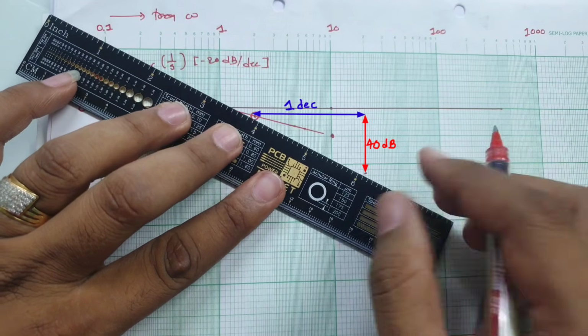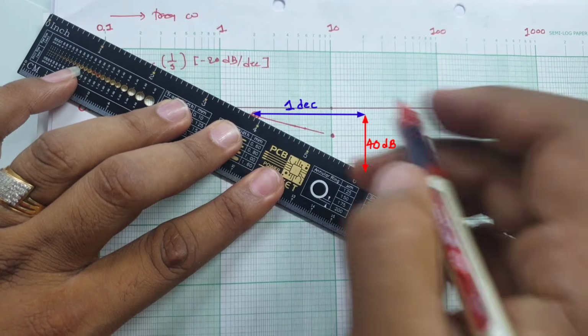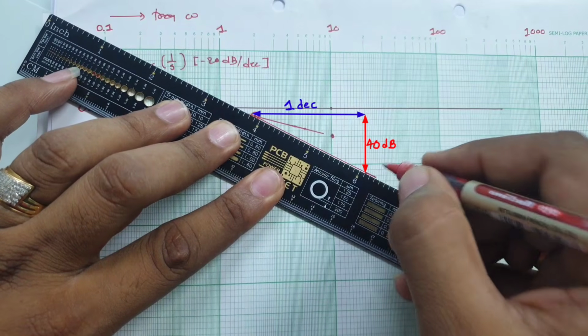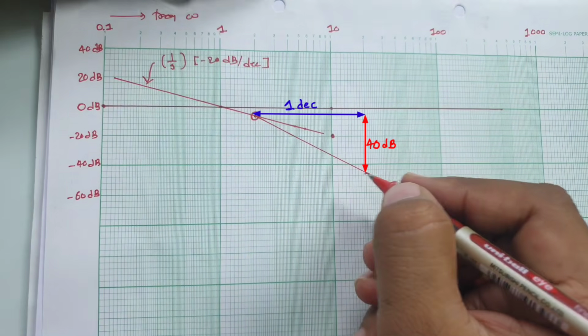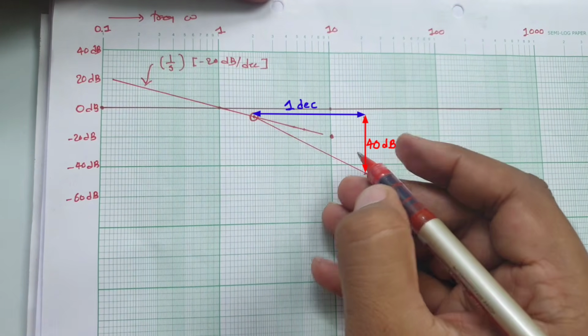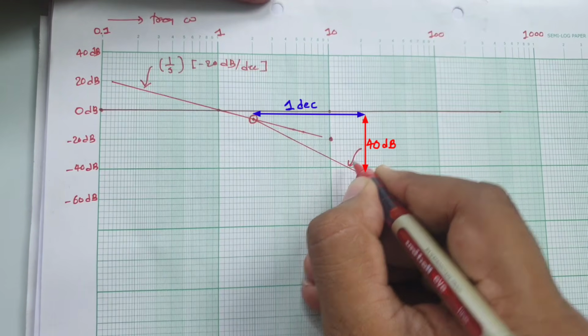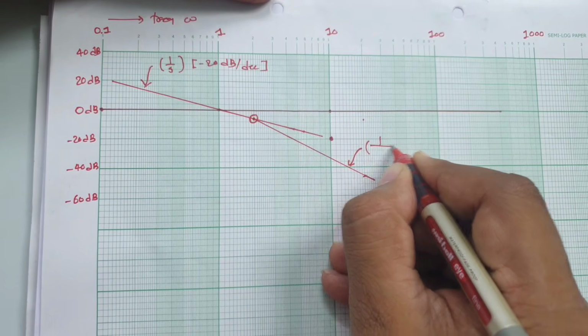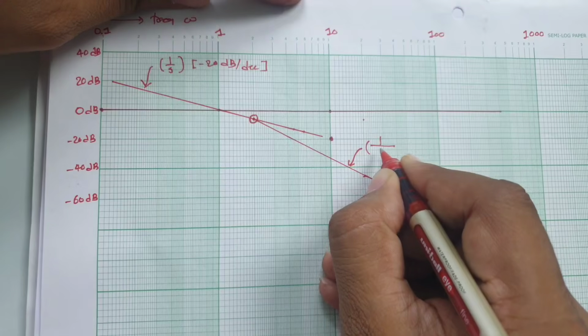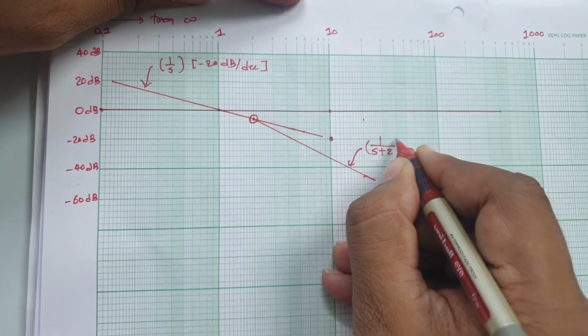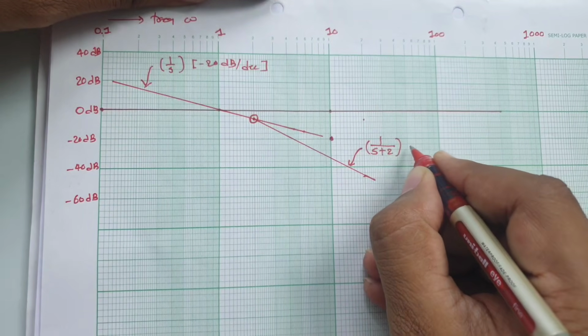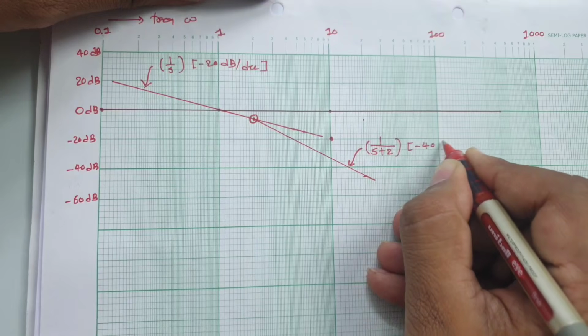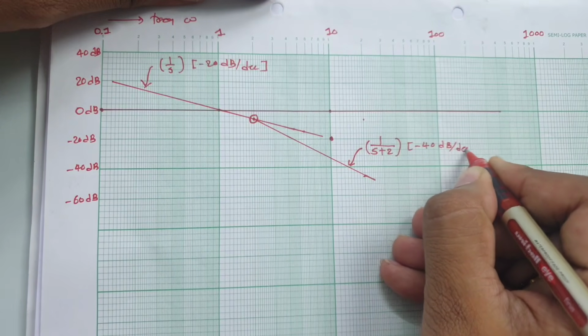And if I draw a line from this, then this line has a slope of minus 40 dB per decade, and this is our 1 divided by S plus 2 line, having slope minus 40 dB per decade.